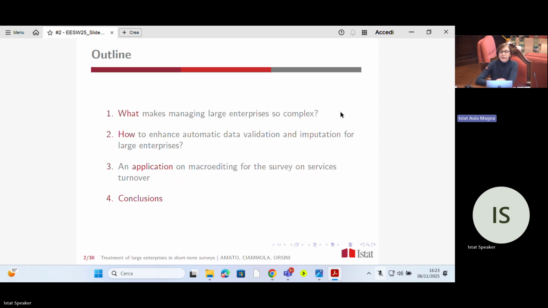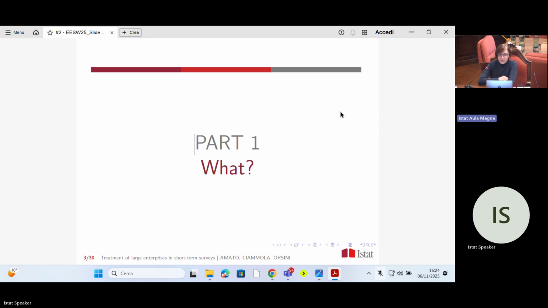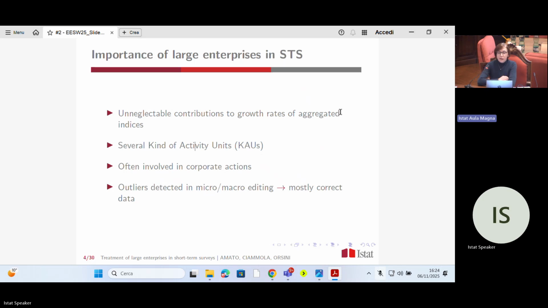The presentation is divided into 4 parts, and let's start with the first part: what makes managing large enterprises so complex. Obviously, their relevance, and this is measured through unnegligible contributions to growth rates of aggregated indices.